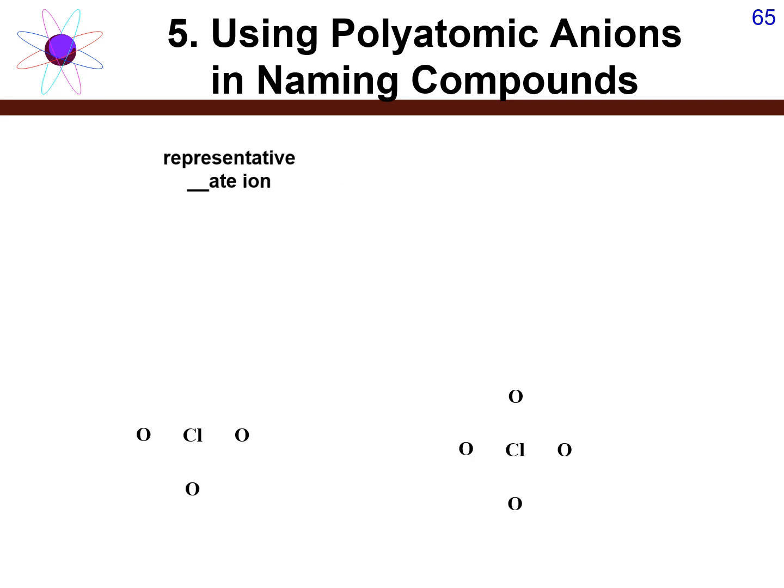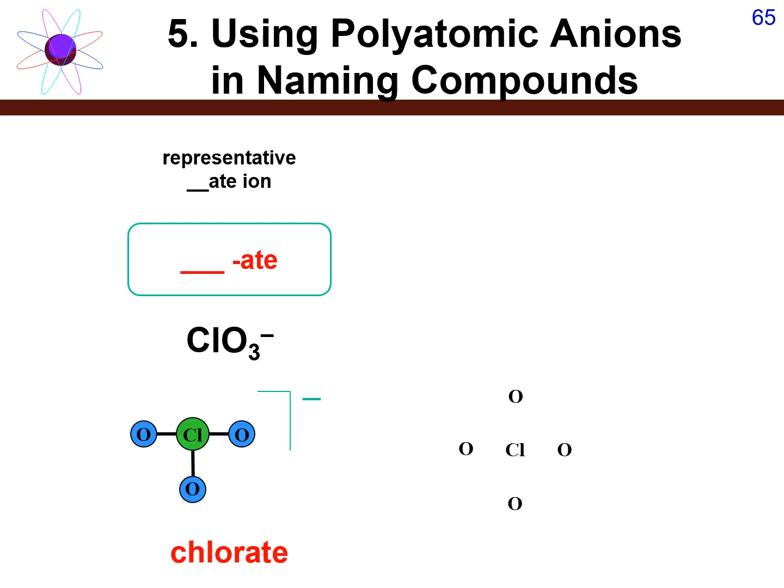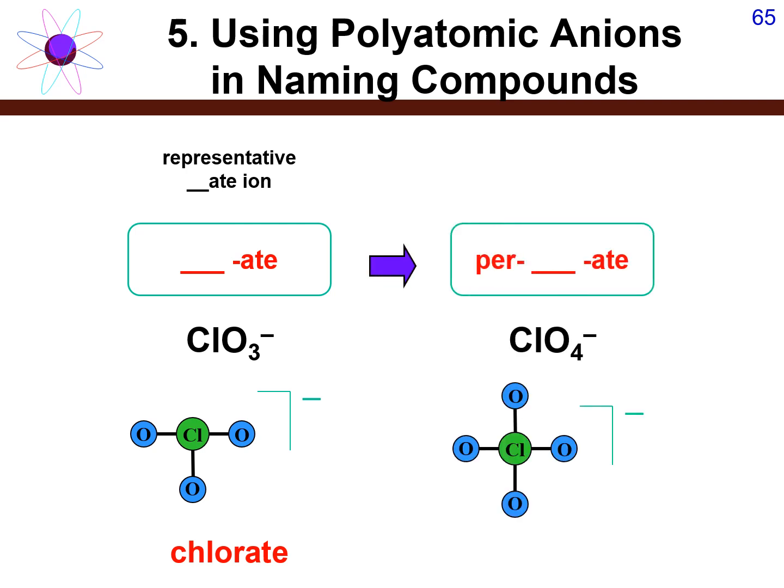Okay. Now let's take our chlorate once again, and let's see what happens when we don't lose oxygens, but it can actually gain an oxygen. Now it's not ClO3-, it's ClO4-. We actually call that perchlorate. All right, so this is your chlorate ion, and this is your perchlorate ion.